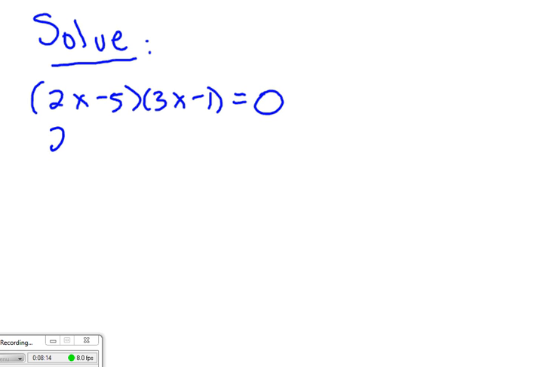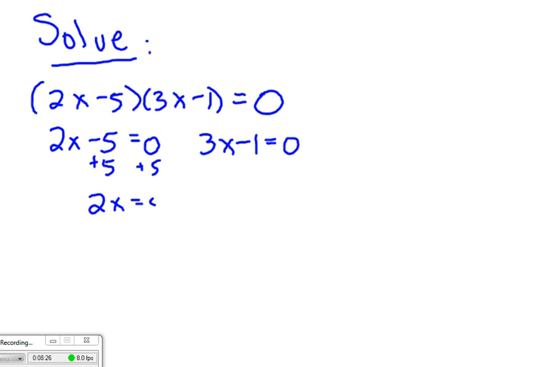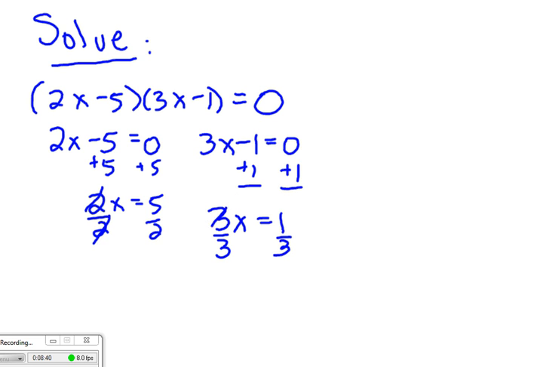What you do then is you take each one of these individually and you set them equal to 0 and you solve it. So we're going to add 5 to both sides and we'll get 2x equals 5. Divide by 2 and there's one solution. Come over here, do the same thing. 3x equals 1. Divide by 3 and there's our second solution.